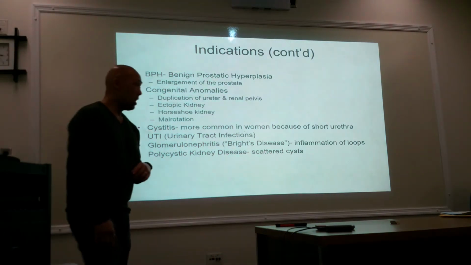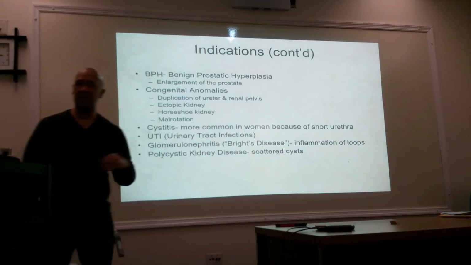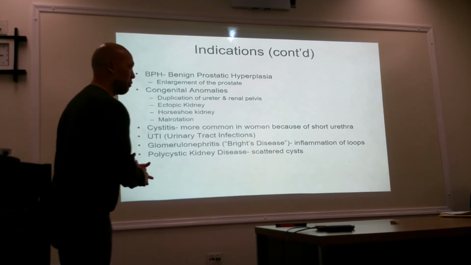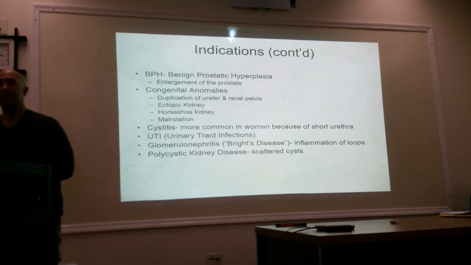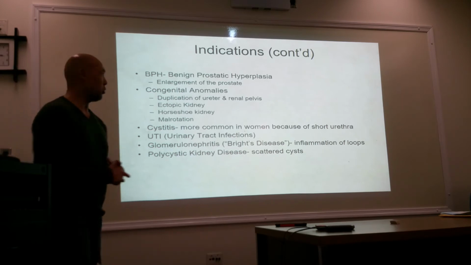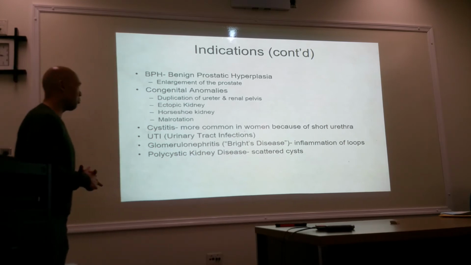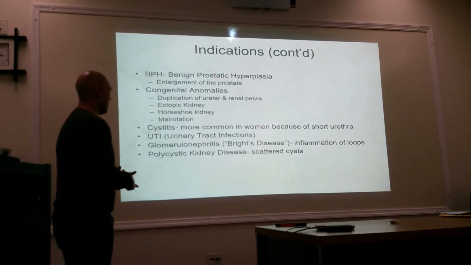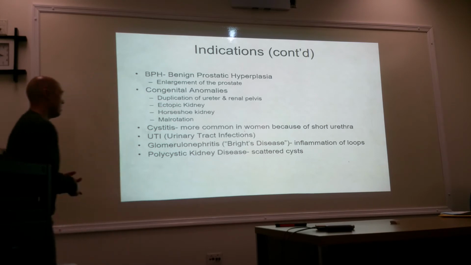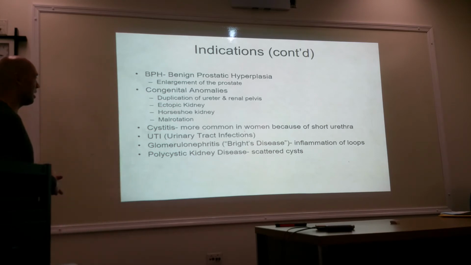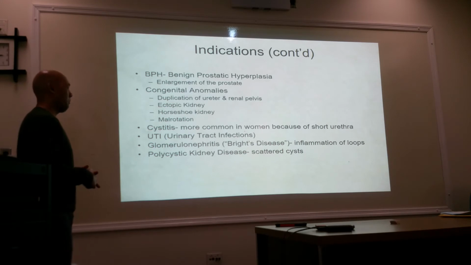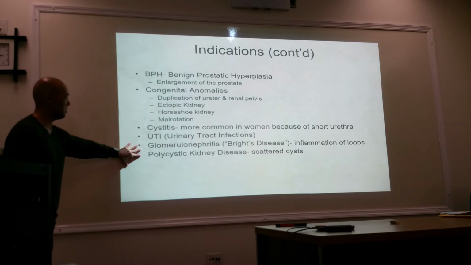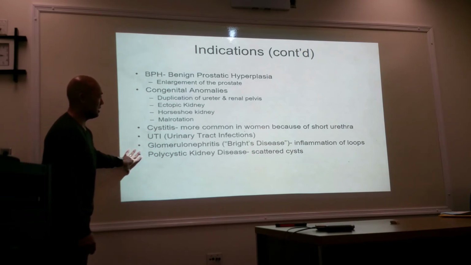Some other indications include BPH, or benign prostatic hyperplasia. Simply put, enlarged prostate. Congenital anomalies, including duplication of ureter or renal pelvis, ectopic kidney, horseshoe kidney, malrotation, cystitis, UTI, glomerulonephritis, inflammation of the loops of the glomerulus, and then polycystic kidney disease.